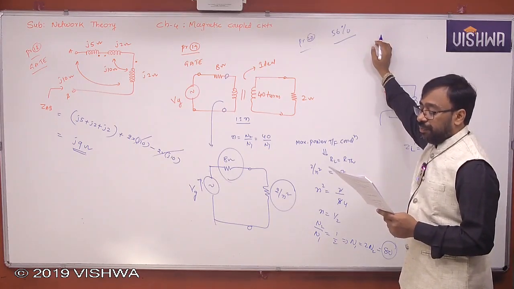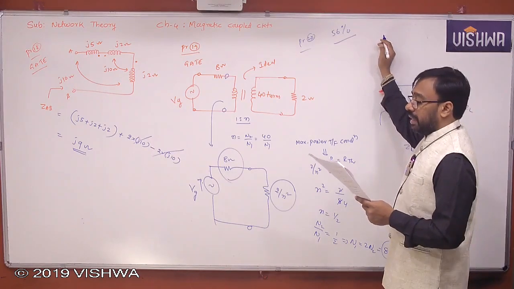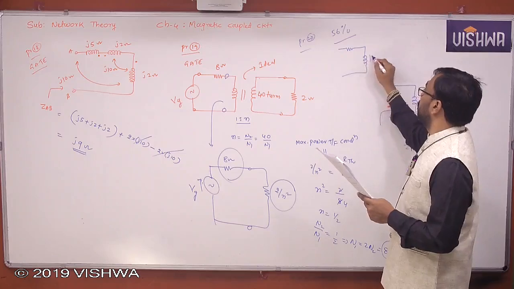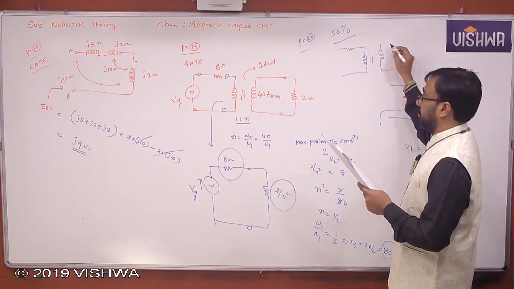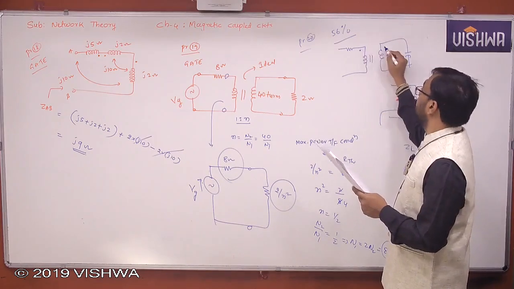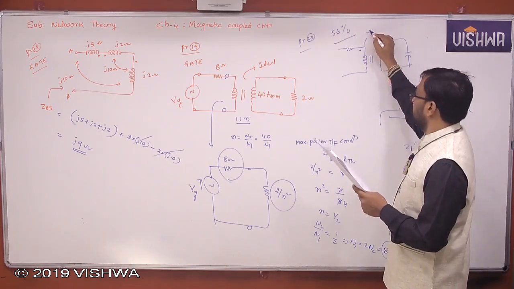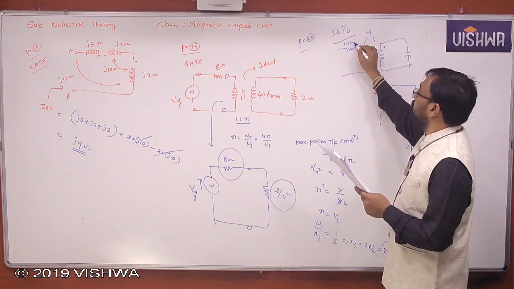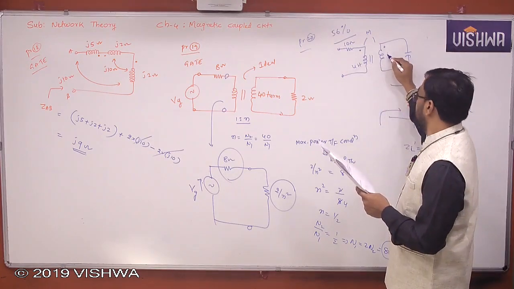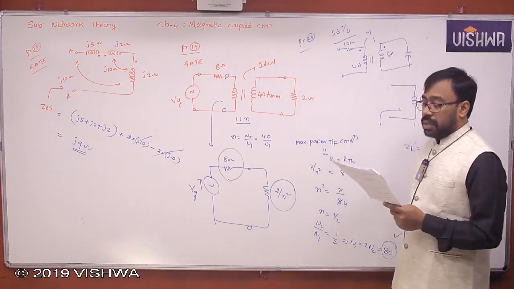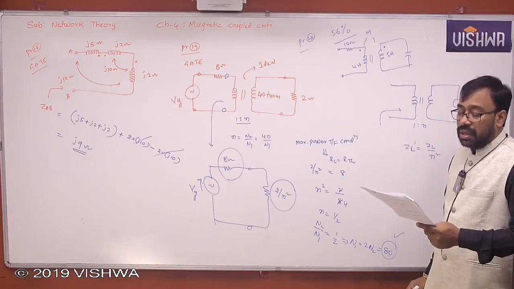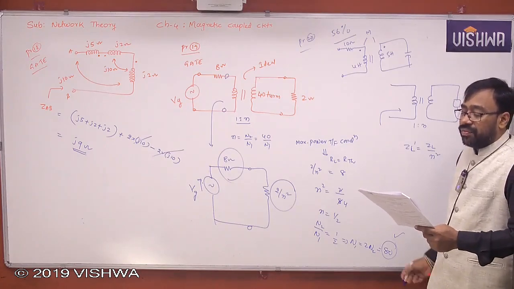The value of mutual inductance in Henrys is. This is the question, right? L1 is 4 Henry and L2 is 5 Henry. I repeat once again, 56% of the flux emanating from one coil links with the other coil, then value of mutual inductance.